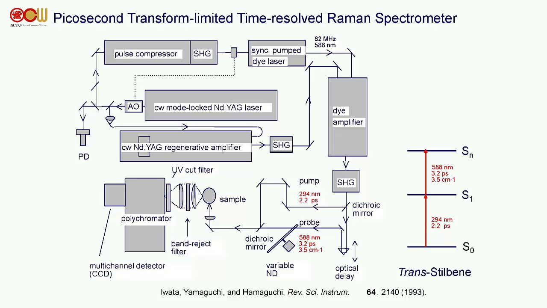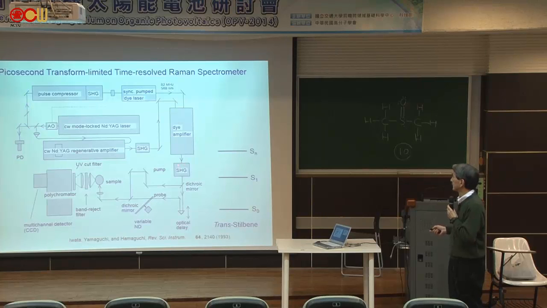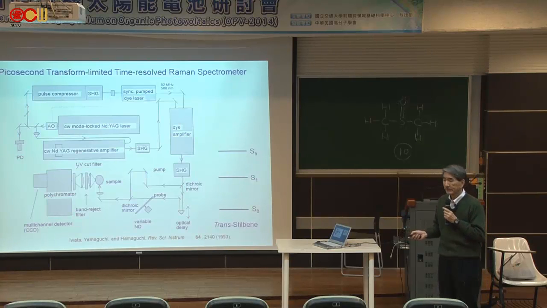So this is a detailed block diagram of the system, but I'm not going into the details. But we need many laser sources, dye amplifiers, harmonic frequency generators, and many optical devices to do the experiment.